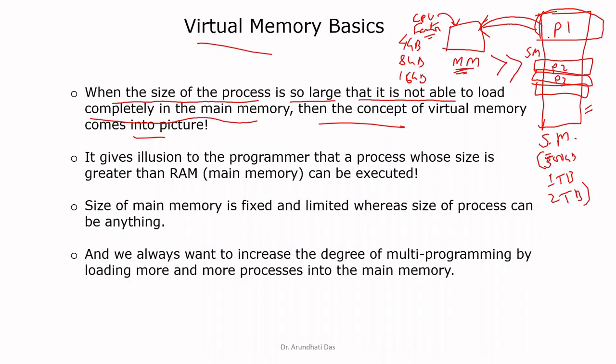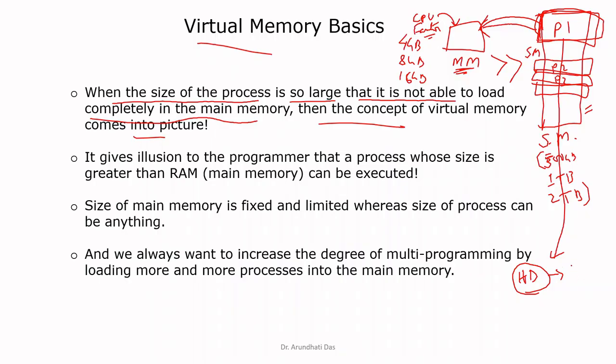But as I told you, I may have a lot of large processes whose sizes may vary a lot. Like, for example, you have been watching all those high definition movies or documentaries, right? What is the size of those documentaries or movies?